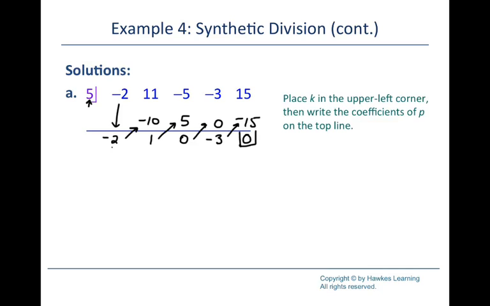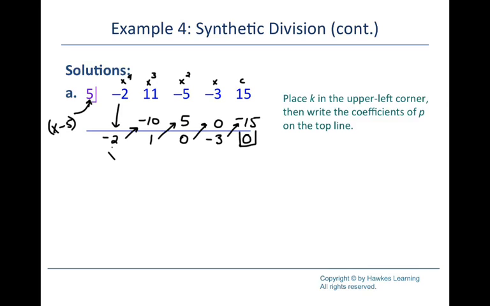Now, if I want to write the answer, one thing you have to remember, when we started, we had x to the 4th, we had x cubed, we have x squared, we had x, and we had our constant. When I have my answer, this really represents a factor of x minus 5. So I divided that original polynomial by x minus 5. That means there's one less x in the answer.